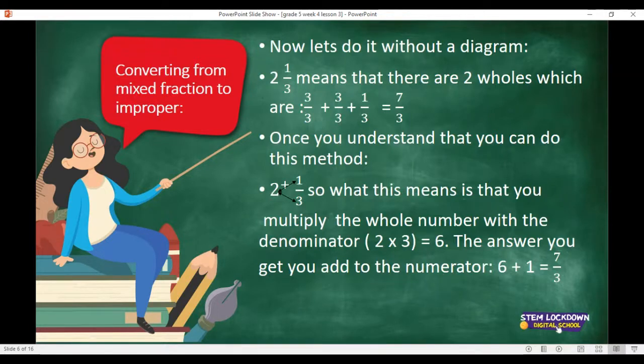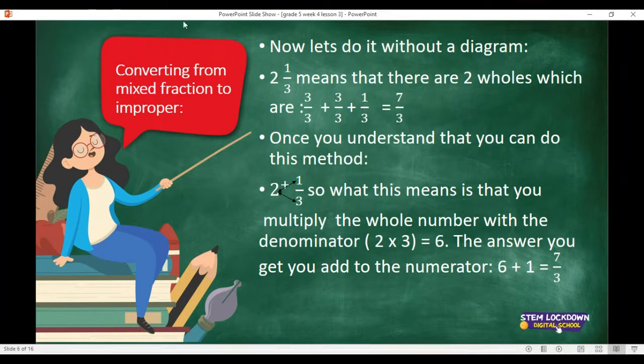Very important, listen here. Let's look at the sum. It is 2 wholes and 1 over 3. What does this mean? We look at the denominator. Our denominator is 3, and we ask ourselves, if we have a whole, instead of writing 1 whole, how are we going to write 1 whole as a fraction?